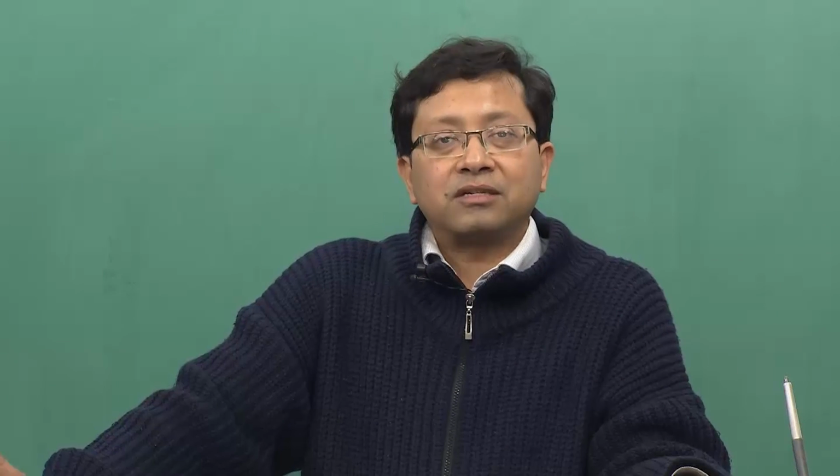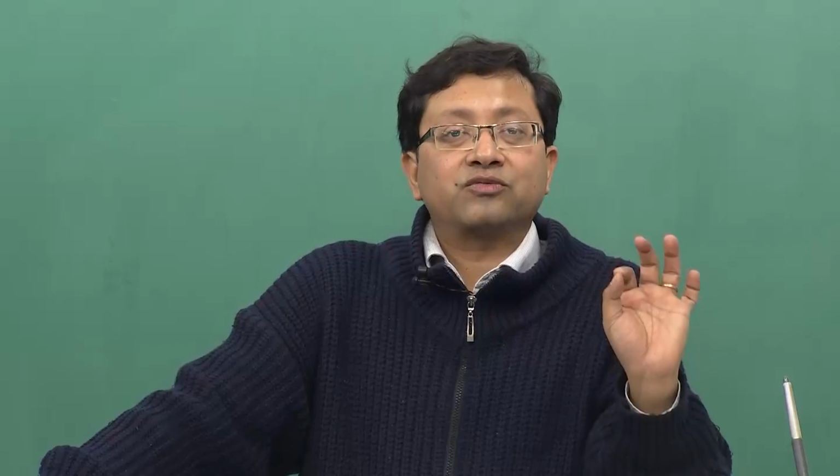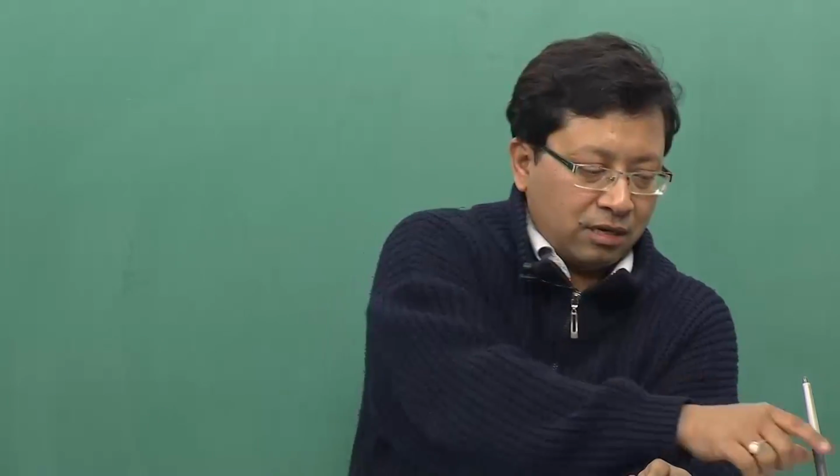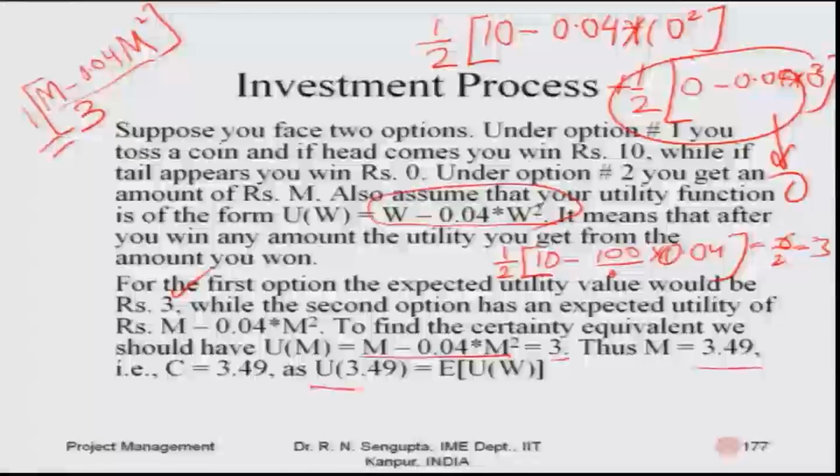My certainty value for this gamble and for the certainty one are equal only when it gives me 3 rupees 49. So when I find out the expected value of 3.49, it should exactly come out to be the value of 3.